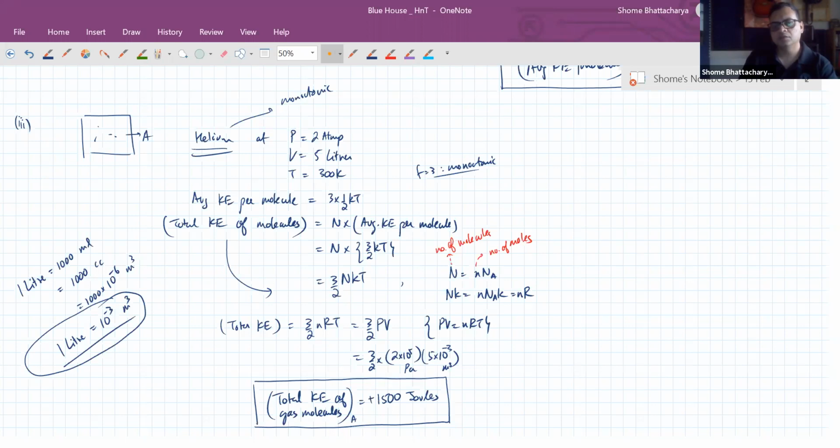And you can score a better percentage of marks in attempt versus marks scored. You can get a better percentage in heat and thermodynamics at the JEE level.